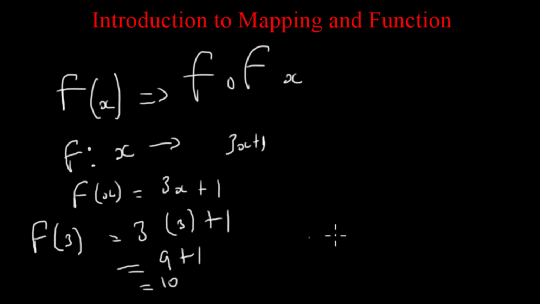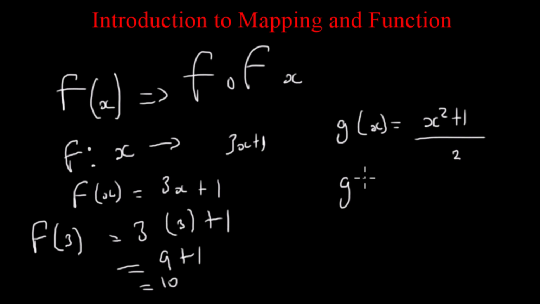10. Sometimes you might be given another function, and then let's say this time around we're given it as g of x, and then we're told that g of x is equal to x squared plus 1, divided by 2. And then we're asked to find g of negative 5. Again, what do we do? Instead of this x, I'm going to be putting minus 5 instead.